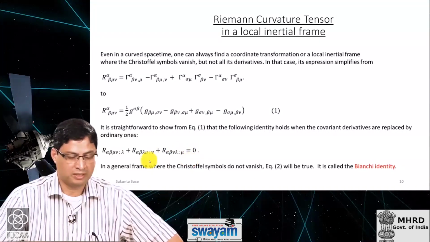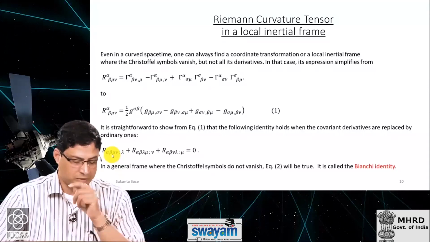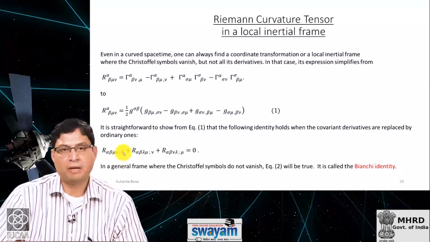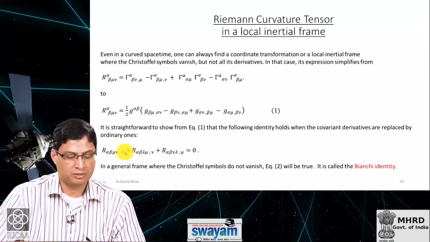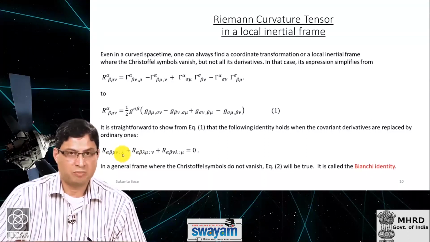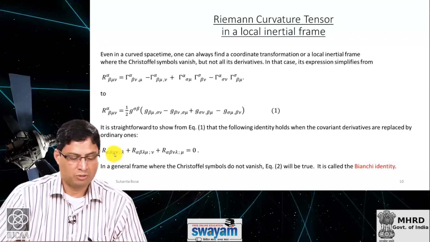So the way I've defined this is I've focused on the last 3 indices mu, nu and lambda, where the final one, the 5th one in this combination is a space-time derivative. So you start with this and then you move lambda 3 places up and move nu back like this by a place each.